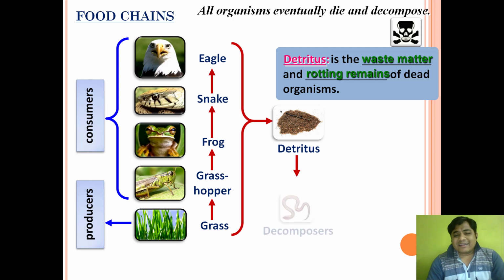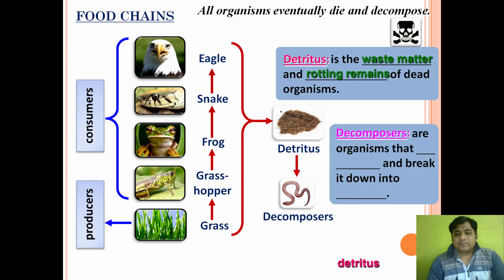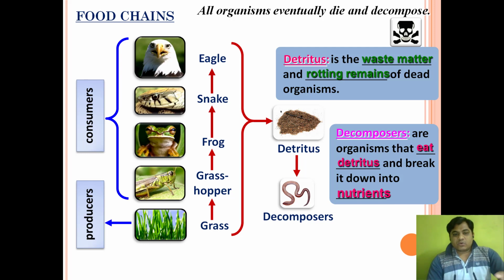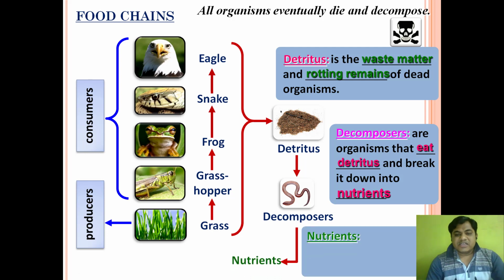Now that detritus food is decomposed by the decomposers, and decomposers are organisms that eat detritus and break it down into nutrients. Whatever nutrients are present in the animals, from the producer to the tertiary consumer, go back into the soil because of these decomposers.